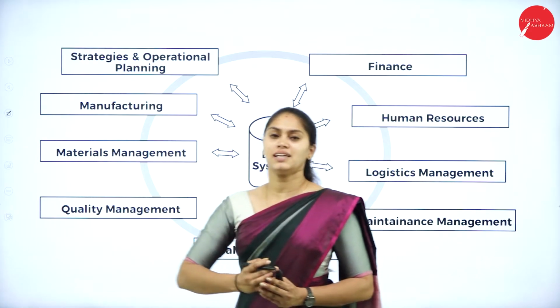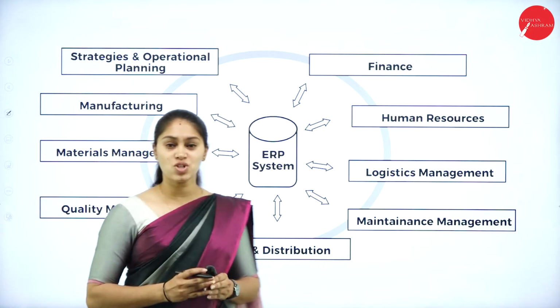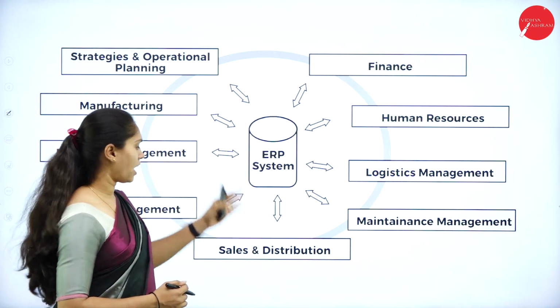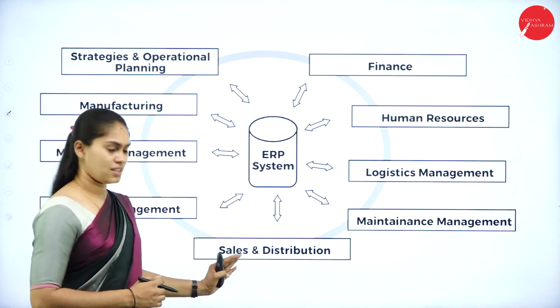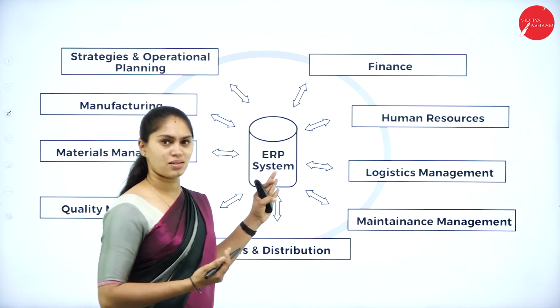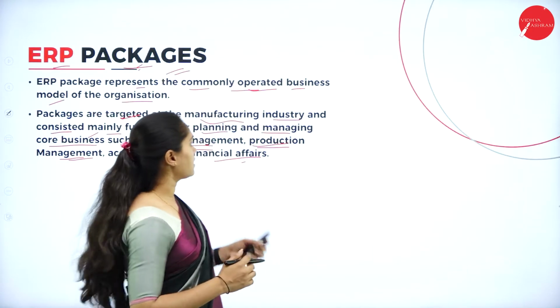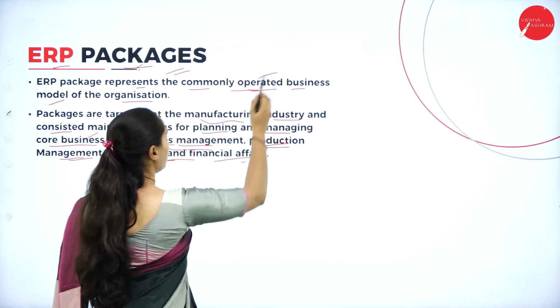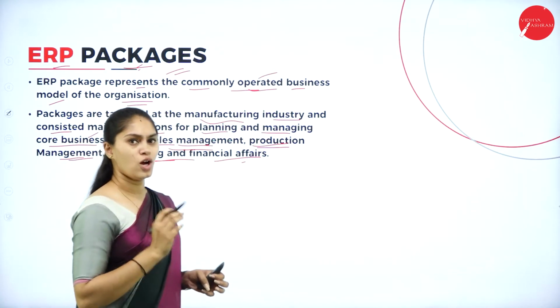Then what do these ERP packages consist of? It is not only related to the organizational function, but also to various sectors. So we can have the ERP system for sales and distribution. The main concern is that the ERP system will have the commonly used or operated business model of the organization.